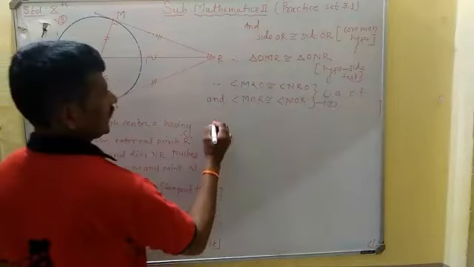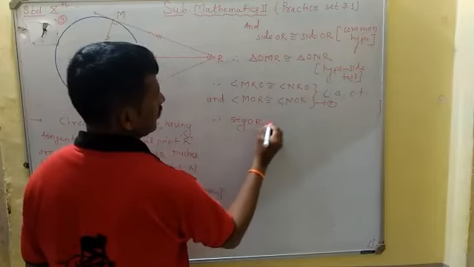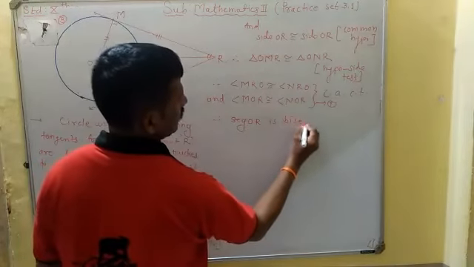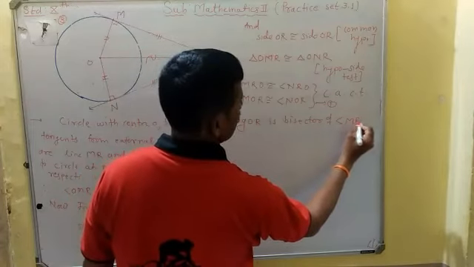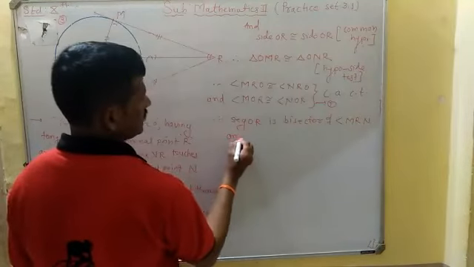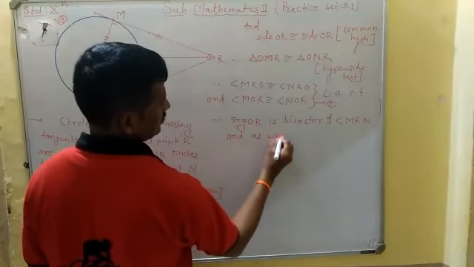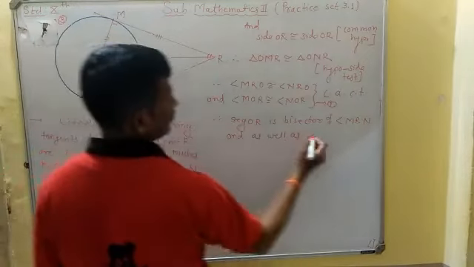Okay, and therefore we say that segment OR is a bisector of angle MRN as well as angle MON.